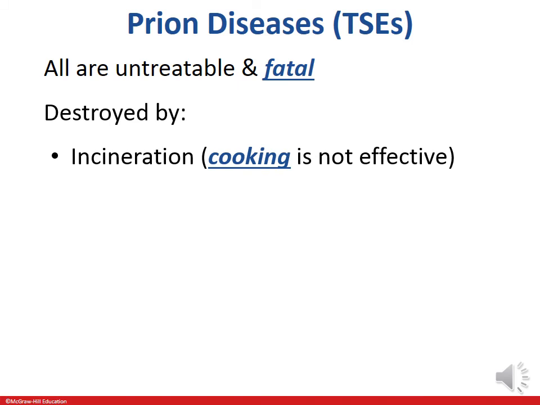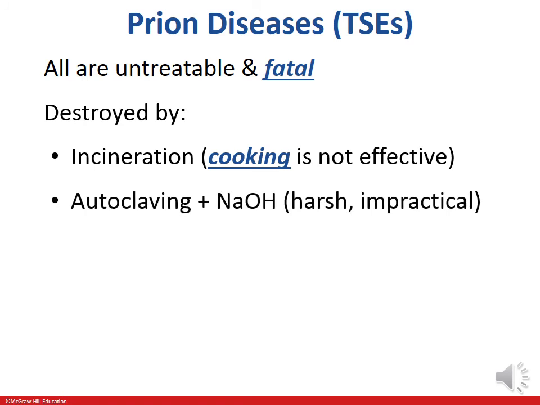But prion diseases are hard to deal with because the only thing that can damage or destroy a prion is incineration, right? So obviously that's how ingestion becomes a problem because people aren't eating ash, right? In order to kill that prion, you would have to literally destroy the substance that then gets eaten. So cooking is not effective, and that's why it gets transmitted in the food. Autoclaving by itself is not effective, and this is where it becomes a problem in medicine.